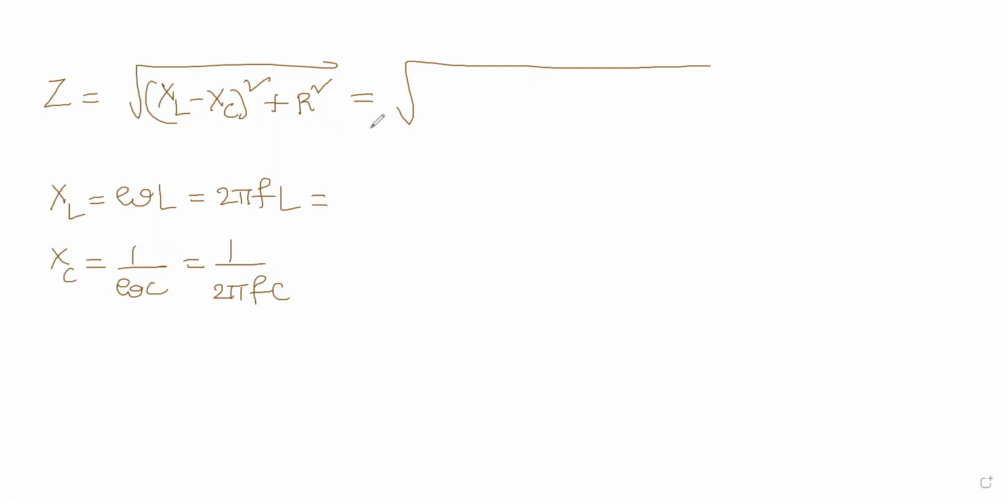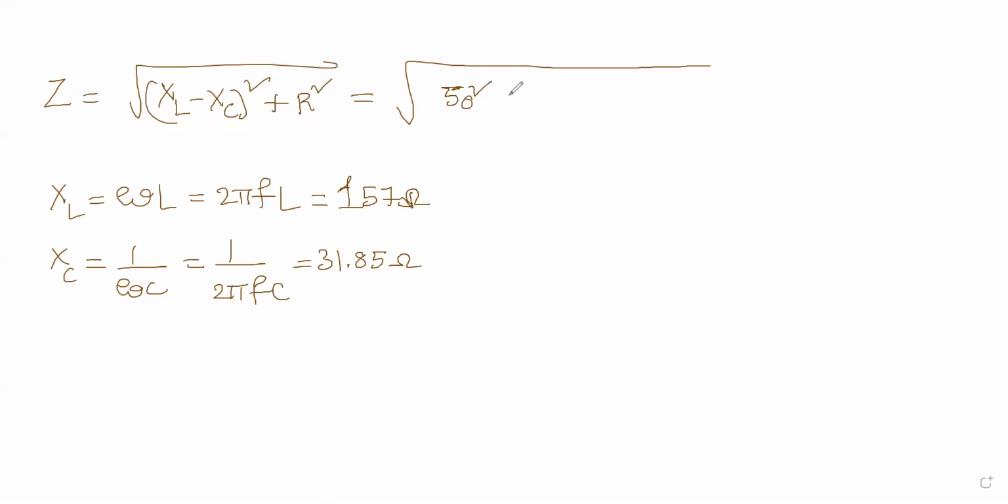Substitute the values. You get XC as 31.85 ohms, and the XL part is about 157 ohms. We know the resistance is about 50 ohms.